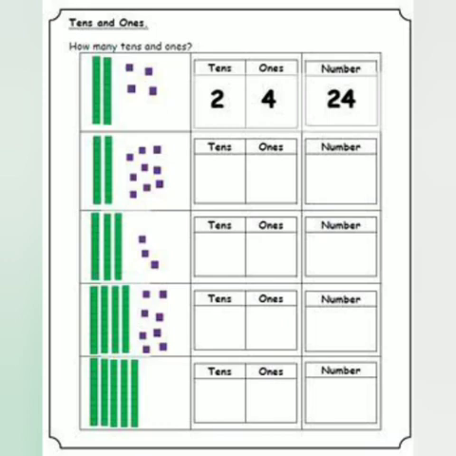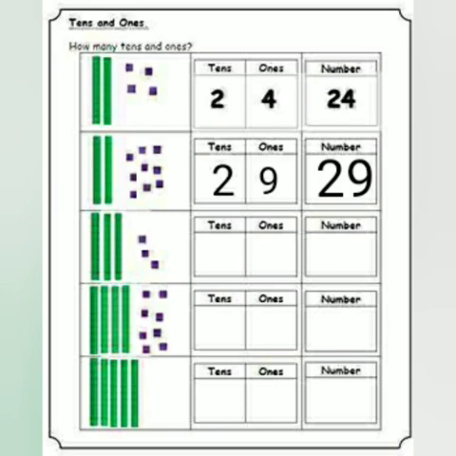2 tens and 4 ones makes 24. Let's look at the next one. 2 tens and 9 ones make 29.